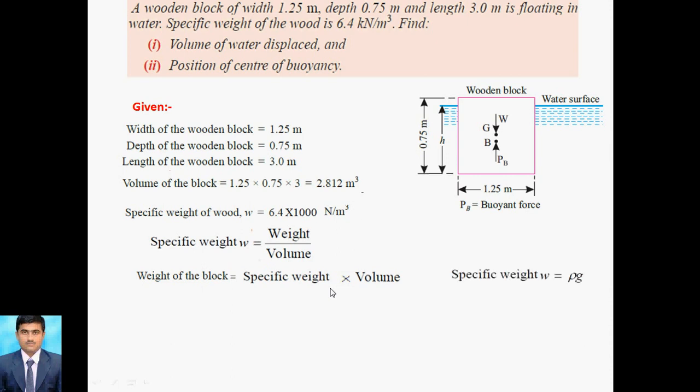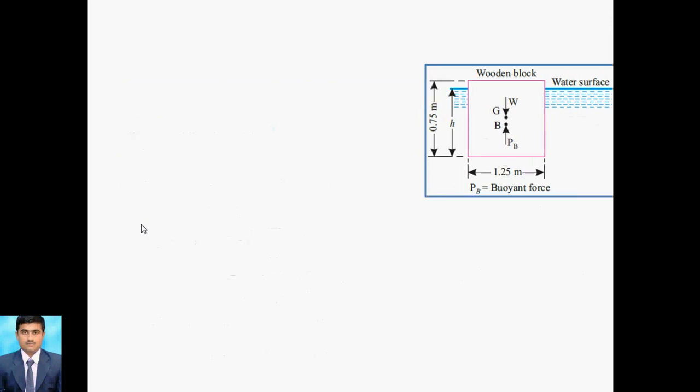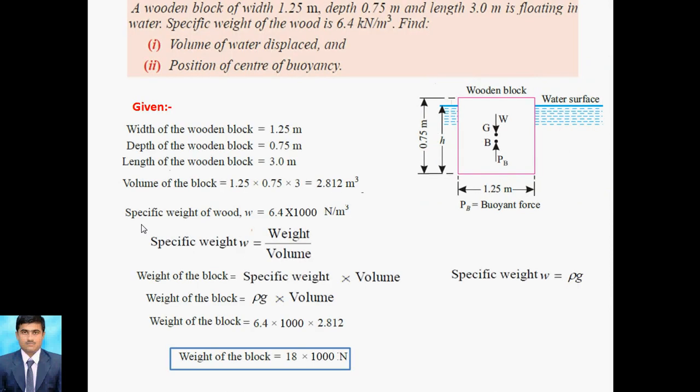Specific weight is rho into g. Putting in the volume of the wooden block, 2.812, we can get the weight of the block. This weight of the block is 18 into 1000 newton, which we can write in terms of kilonewton.